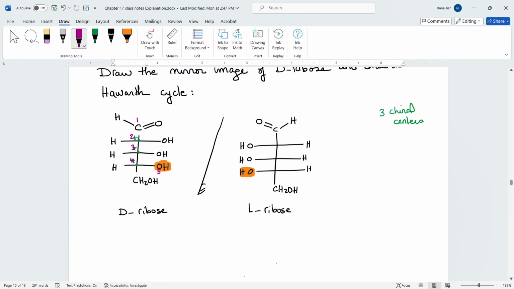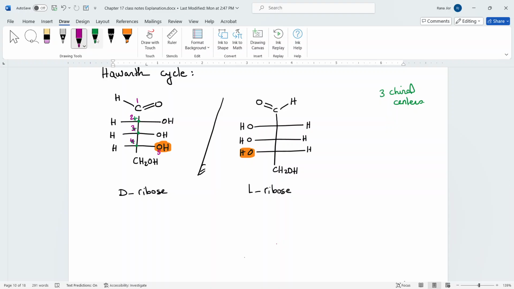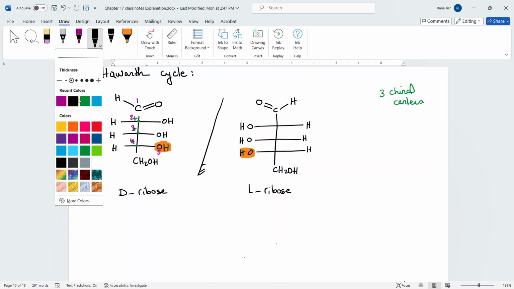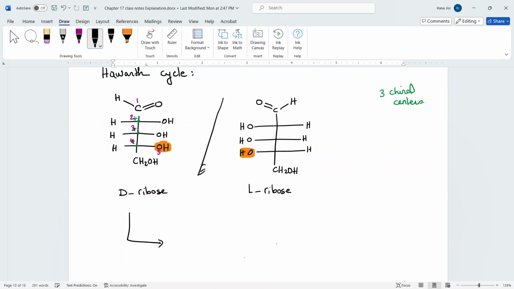So this means that I am stuck with a 5-membered ring cycle. 5-membered ring cycle is what? It is going to be a furanose ring. So over here I have my furanose ring in there.